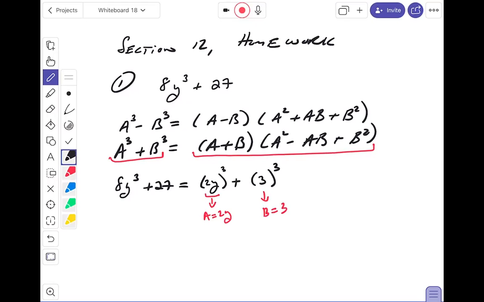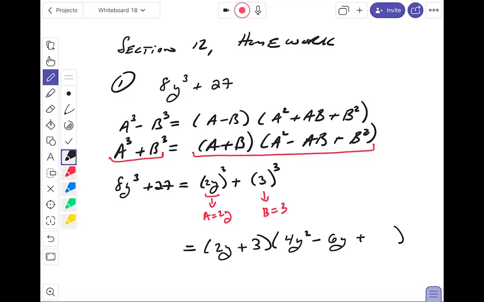Let's write this down now. What do you see? A plus b, which is 2y plus 3, times a trinomial. Now, what's the trinomial going to be? Well, a squared. If a is 2y, a squared would be 4y squared, minus the product of a and b. What's 2y times 3? That's 6y, plus the b squared.